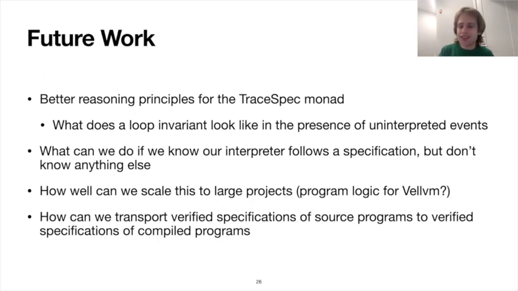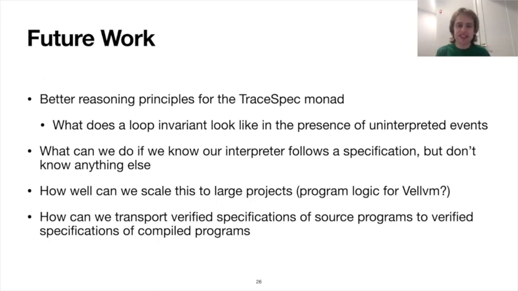So just to clarify that, suppose we had classes of denotations that we know a little bit about, and we want to prove that the programs evaluated under those specifications satisfy some other specifications. Can we do that? Is it useful to do that? How well can we scale this to large projects?